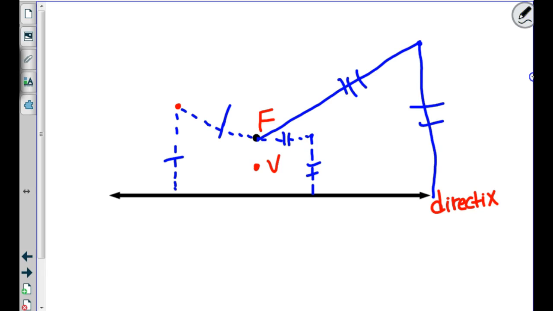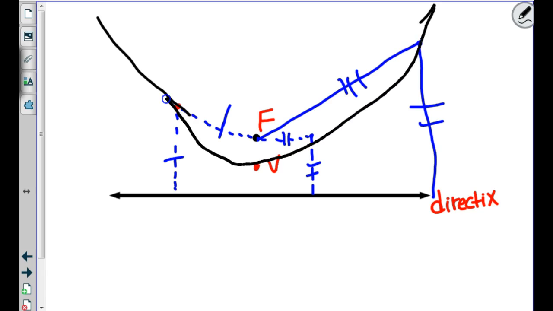All of those points that are the same distance away will make a parabola, which mine is really bad, okay? It goes through the vertex. Yes, the parabola goes through a vertex. We've had that idea before. The focus point is inside the parabola. Does everybody see that?